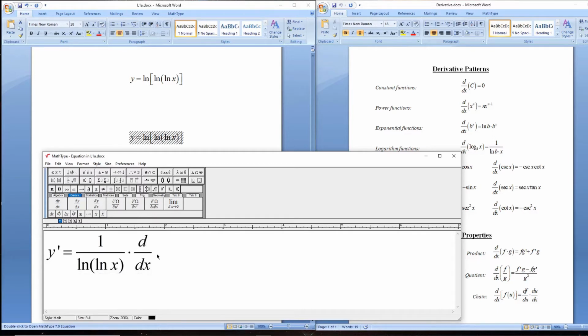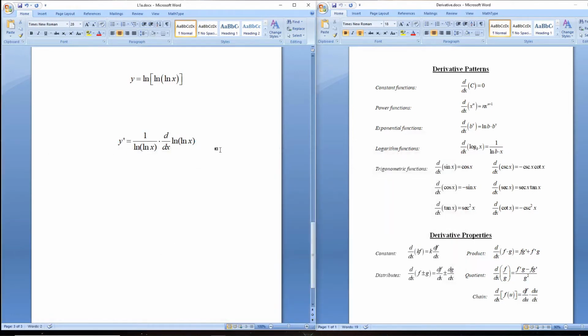And then the chain rule says that's great, but now you have to multiply by the derivative of the argument. And so this would be our first step. We did the outer log, which is 1 over argument, and then times the derivative of the argument. That's what the chain rule allows us to do.